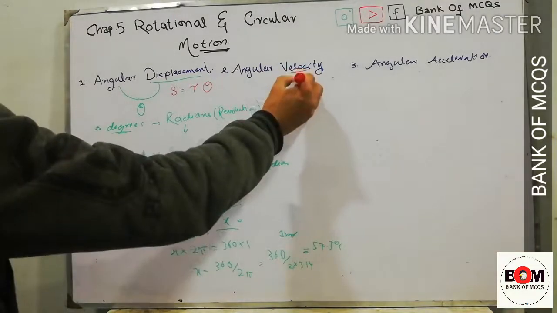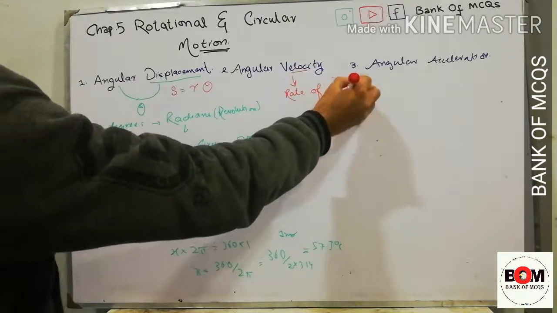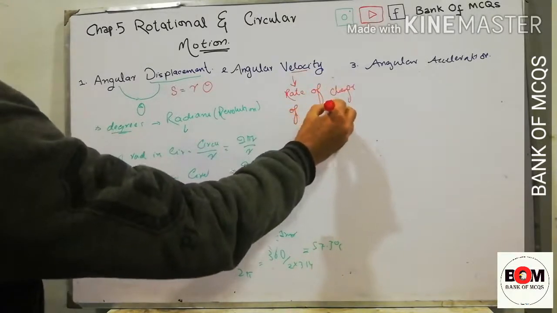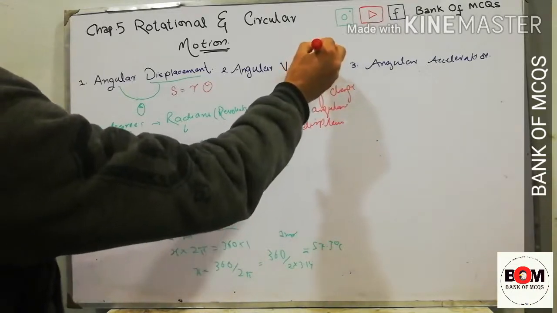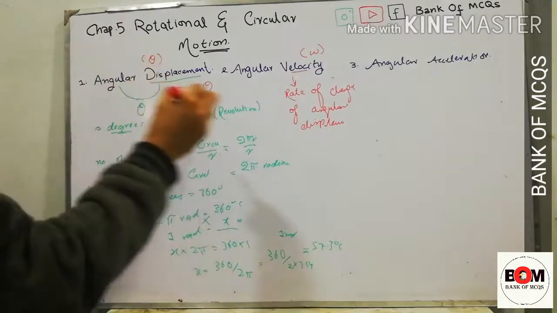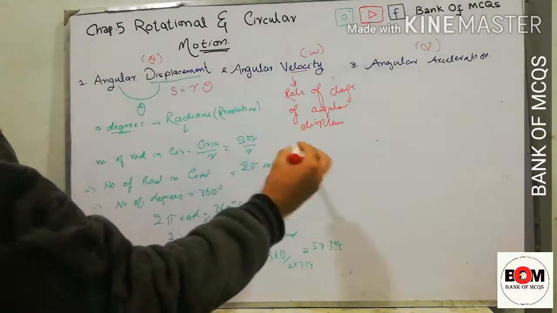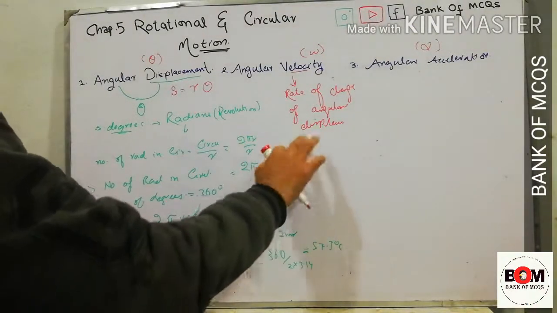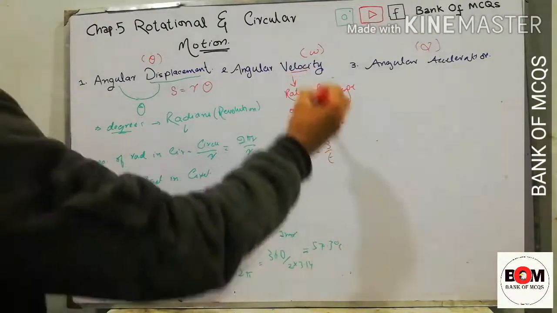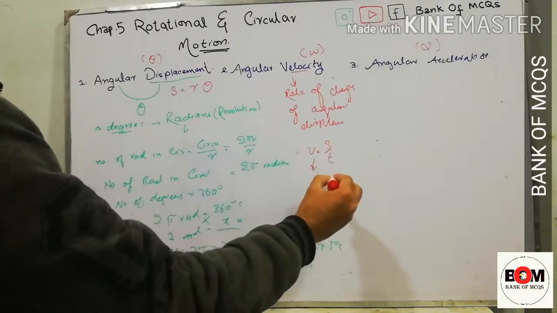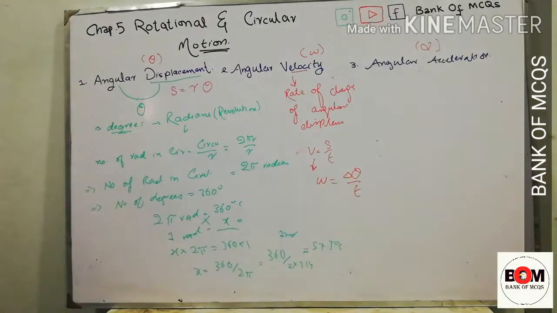Now the angular velocity is the rate of change of angular displacement. It is denoted by omega, the displacement by theta, and angular acceleration by alpha. As we know, in the linear case, velocity v is equal to s divided by t, but in angular velocity, the angular velocity is equal to the rate of change of angular displacement.